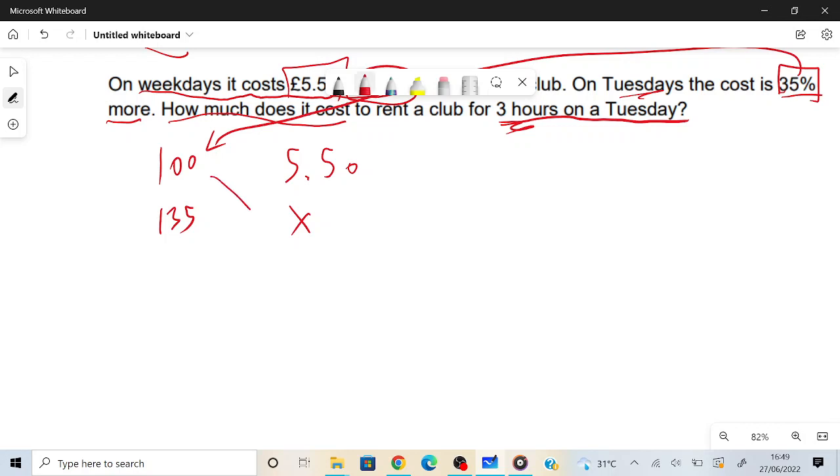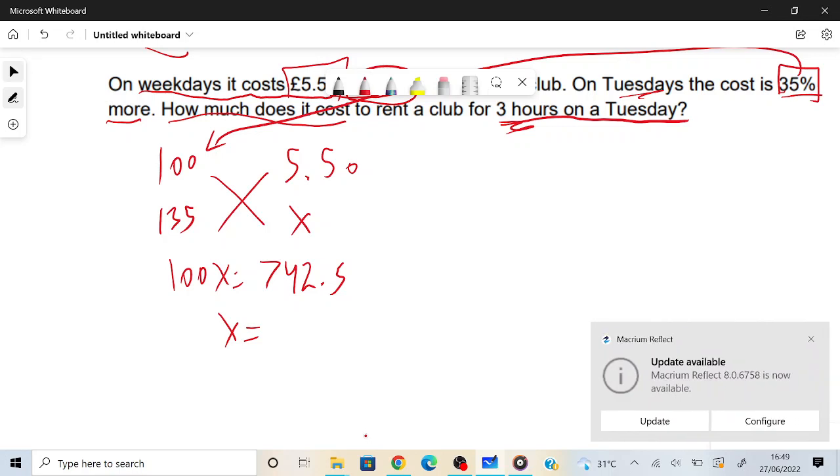Cross multiplying again, we have 100x equals 5.50 times 135, that is 742.5, and your x would be 742.5 divided by 100, which gives 7.425.